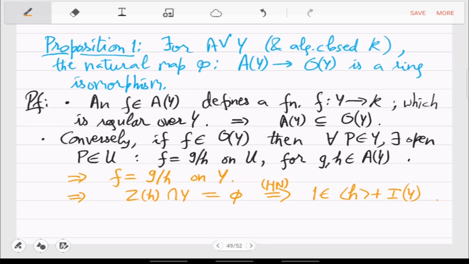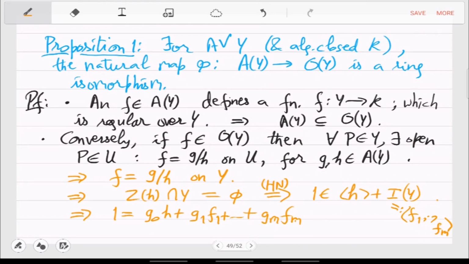So 1 is in h plus IY, which actually means that you have an equation of this type: g0 h plus g1 f1 plus ... plus gm fm, where this ideal is generated by f1 to fm. And we know that every ideal has a finite set of generators.